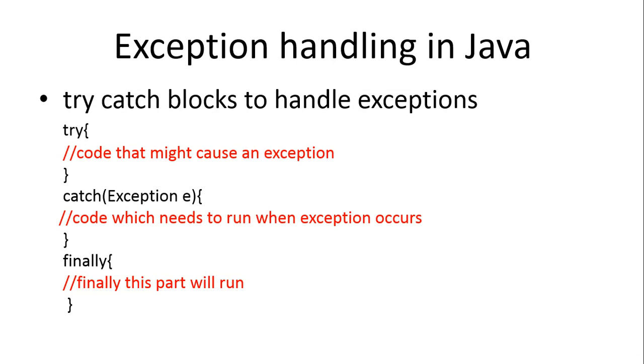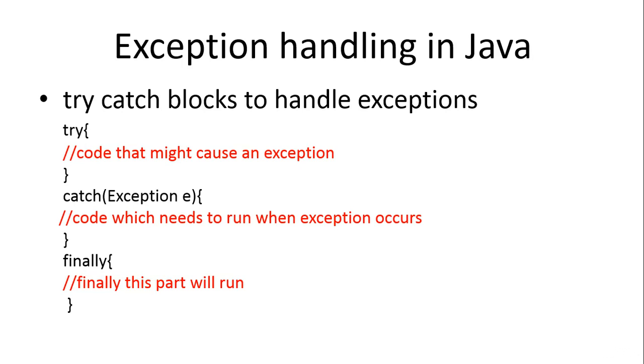So let's see how we can handle exceptions in Java. We can use try-catch blocks to handle exceptions. Code that might cause an exception can be surrounded by a try block followed by a catch block.